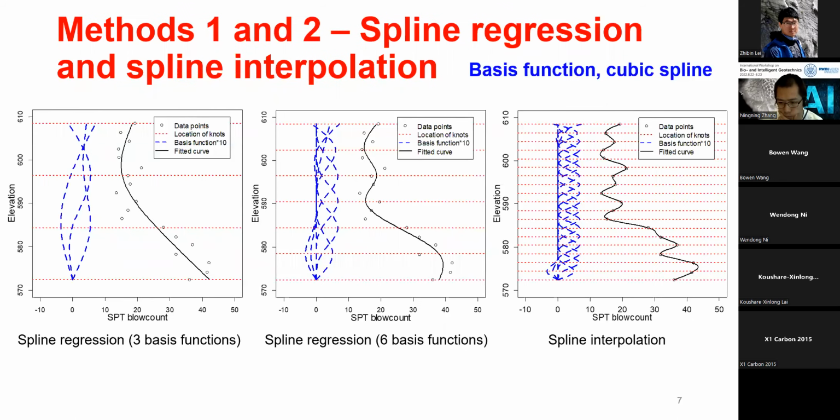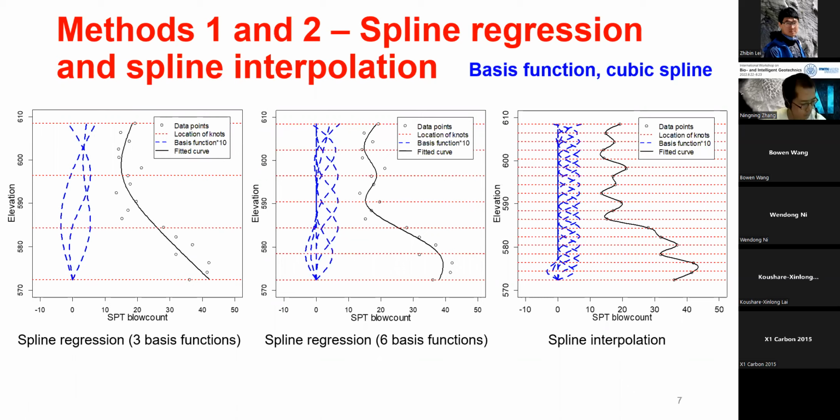For example, here we have some SBT data. We do curve fitting using different numbers of basis functions, here using cubic basis functions. As you can see, when there are only 3 basis functions, the fitted curve, in the leftmost figure, consists of different pieces of polynomial functions.